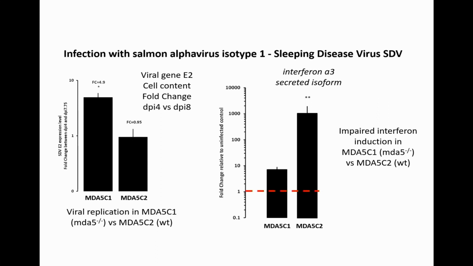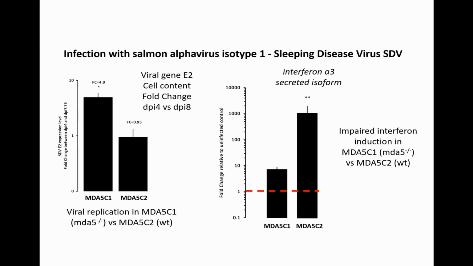In this case, when we infected cells with the alphavirus, the salmon alphavirus, we got almost 1 log, approximately 1 log, being optimistic, of additional replication, while the control cell line was behaving as a parental cell line, and which was completely consistent with the expression of one of the type 1 interferons, the A3.